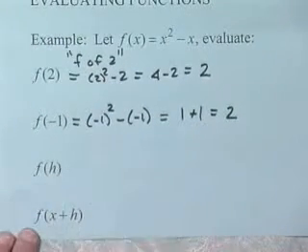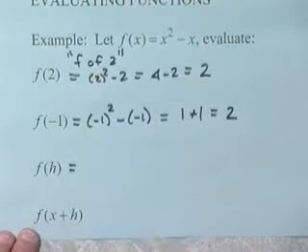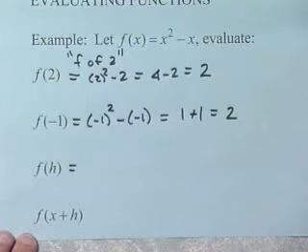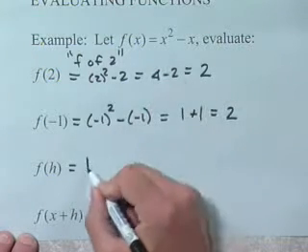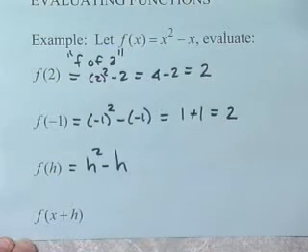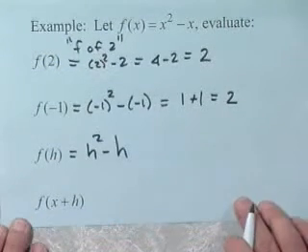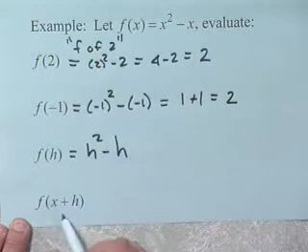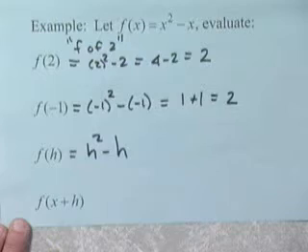f of h. What does that mean? Well, that just means shove an h in for x and see what you get. f of h is h squared minus h. And you're done. Piece of cake. f of x plus h, well, that just means we're going to plug an x plus h in for x.